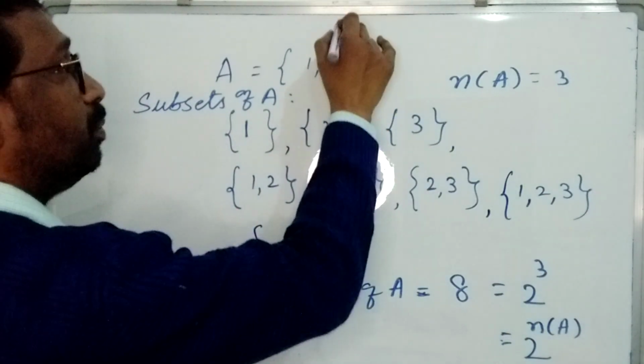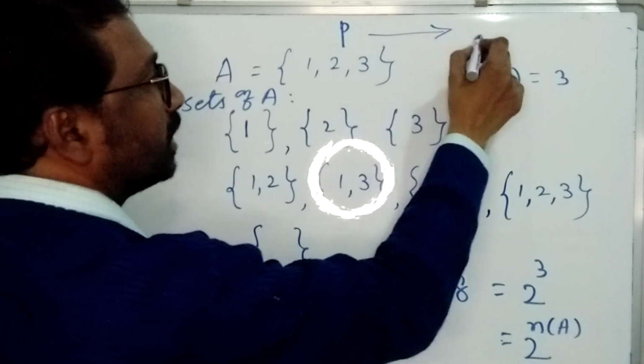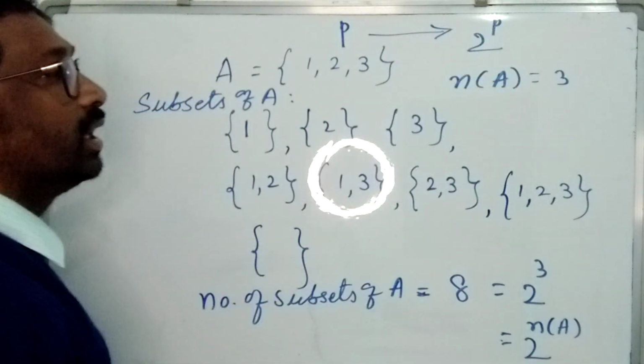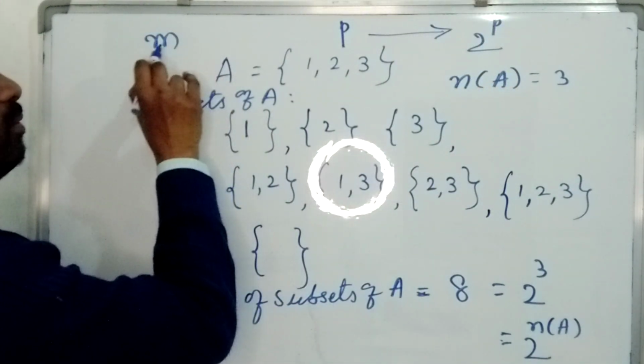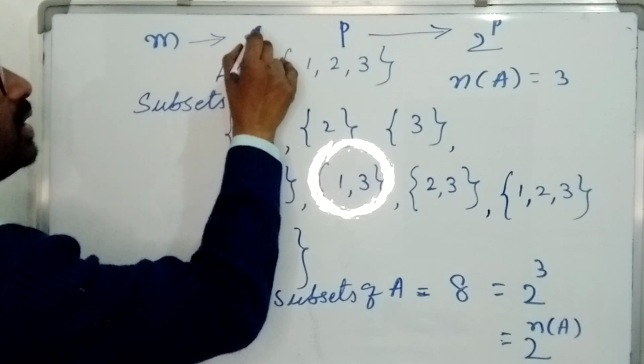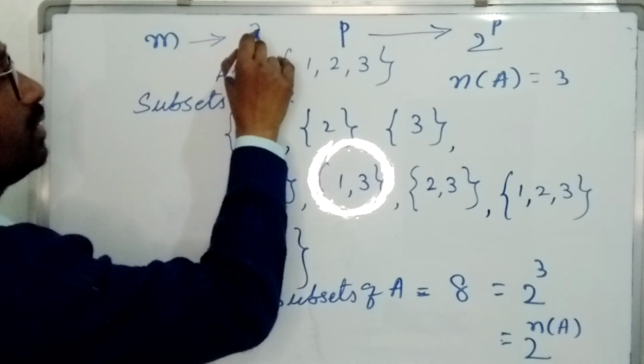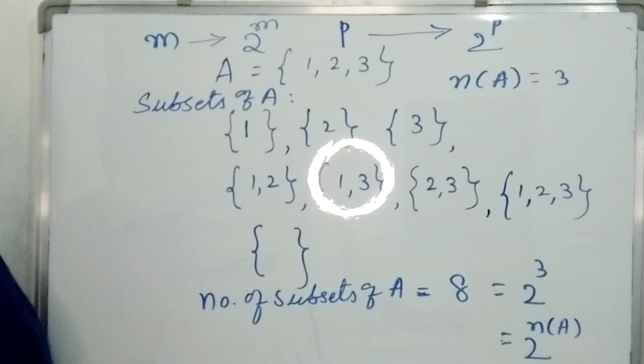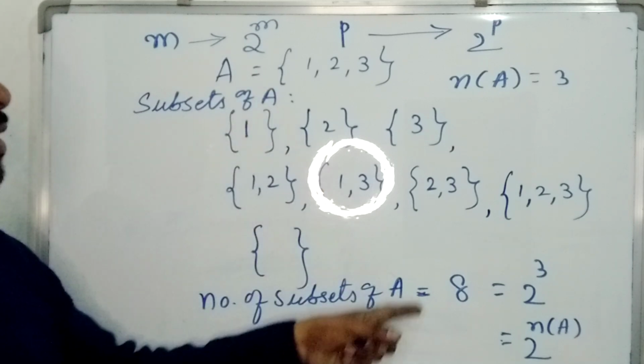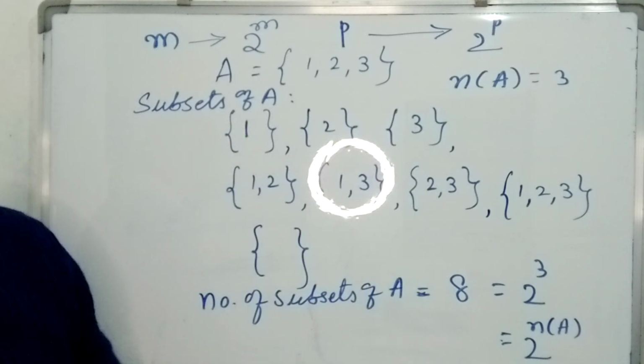Suppose a set has p elements, then the number of subsets is 2 power p. A set having m elements has 2 raised to power m subsets. Okay, this is the formula for finding the number of subsets of a set.